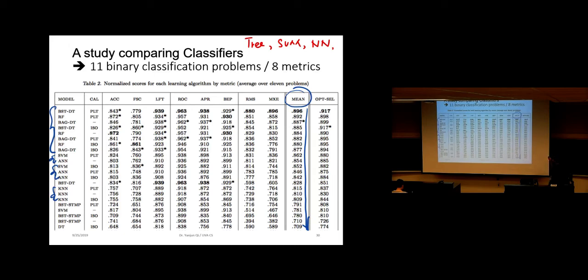Also, if you look at the small data regime, neural nets actually don't perform that well. Neural nets, in the end, are the popular ancestor of current deep learning. The reason I'm showing this figure is to hopefully motivate you to use other types of classifiers when your labeled data is not that large.